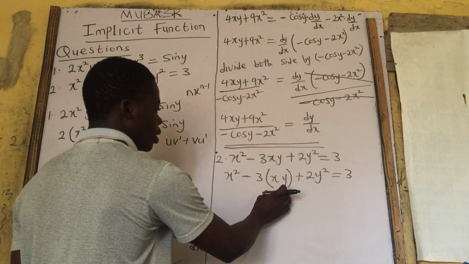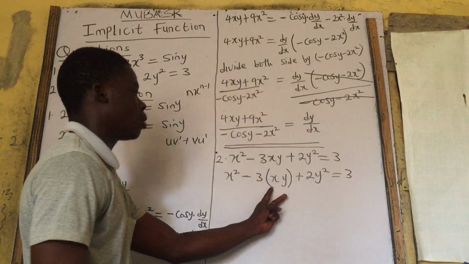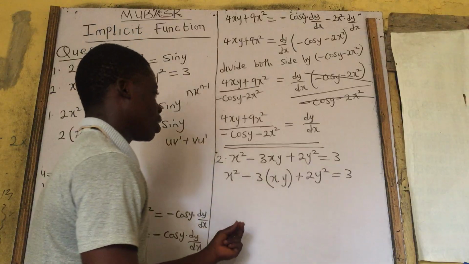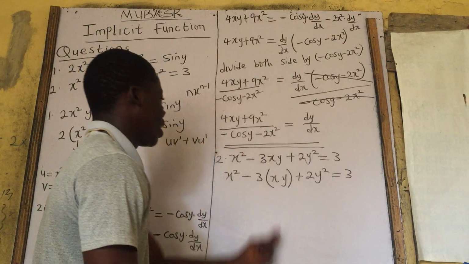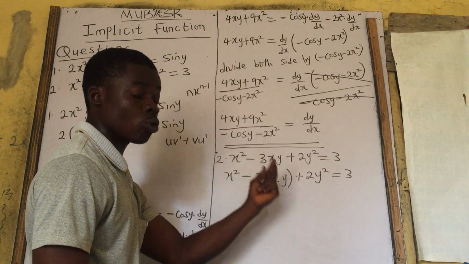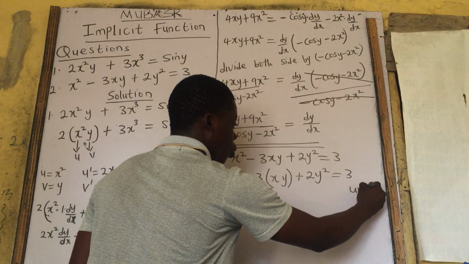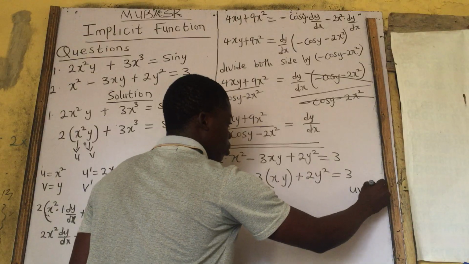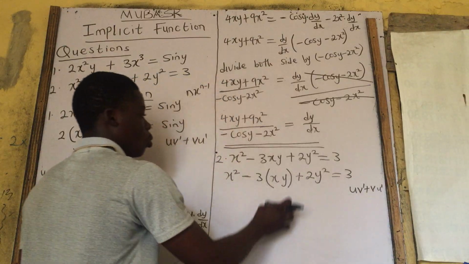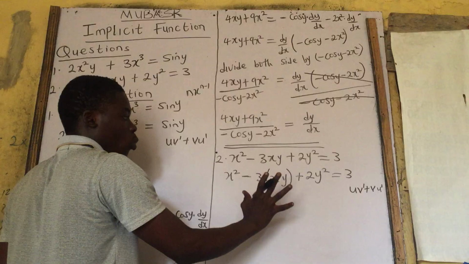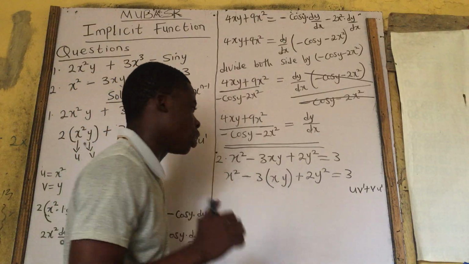But in this case, we have different variables, x and y. That means to differentiate it, we have to apply the product rule, which is uv prime plus vu prime. This is the formula for the product rule. We have to apply it in this place only, since we have different variables.